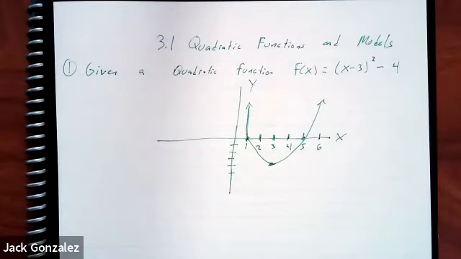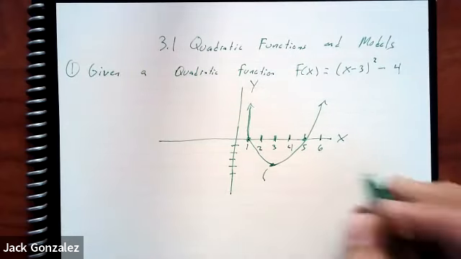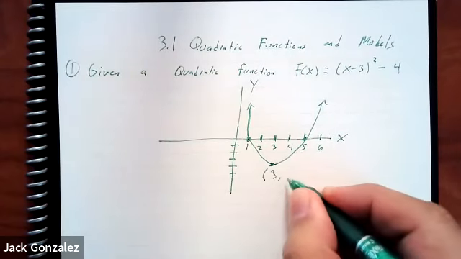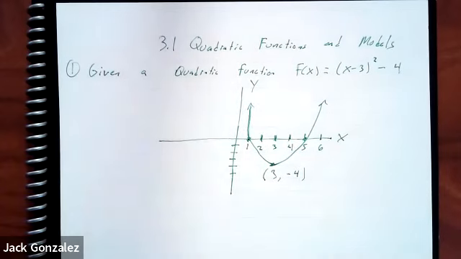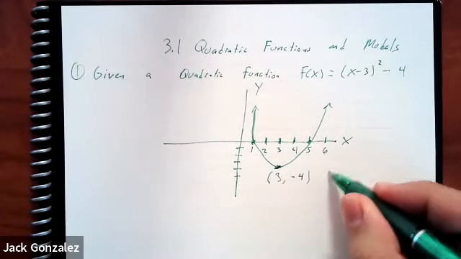Okay, so this point right here is 3 comma -4. This valley, the lowest point, is called the vertex.